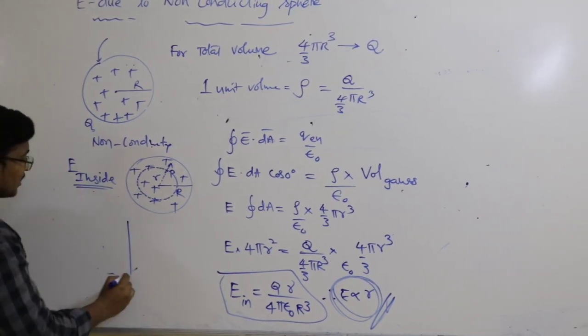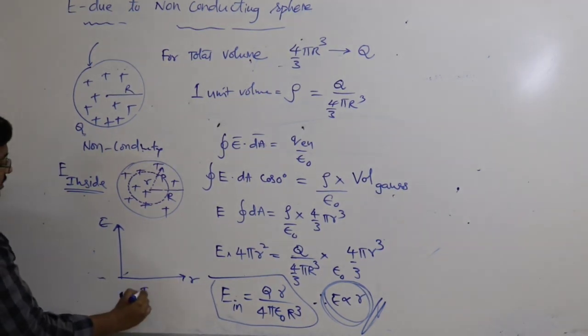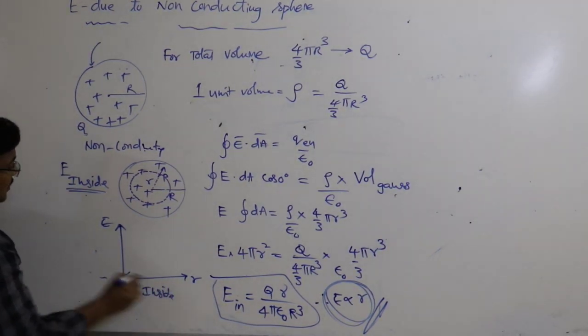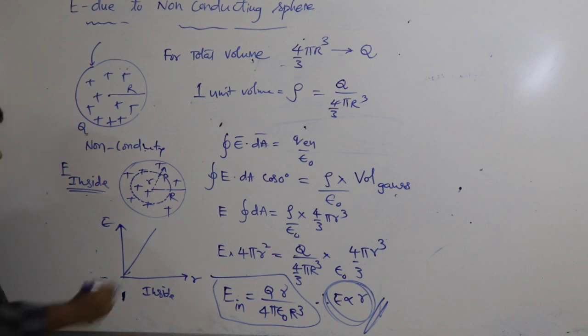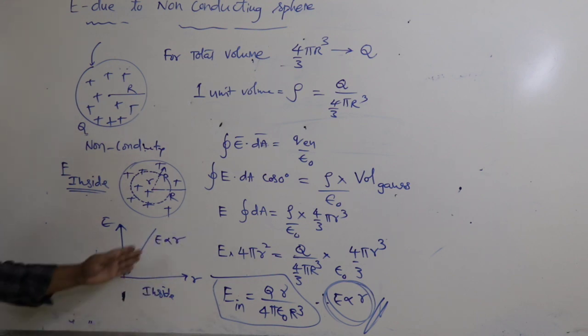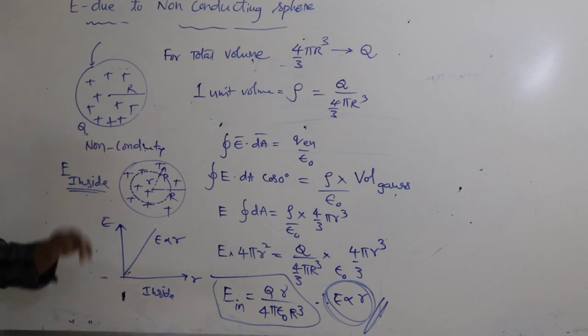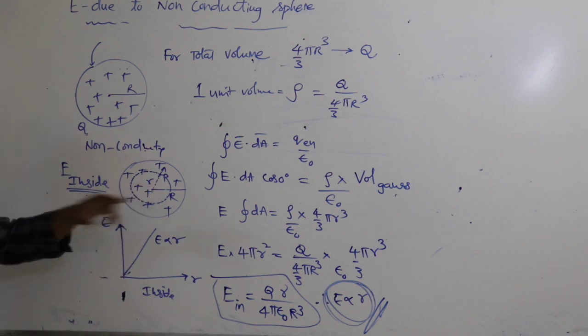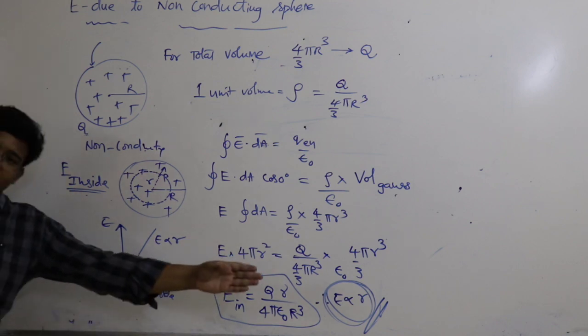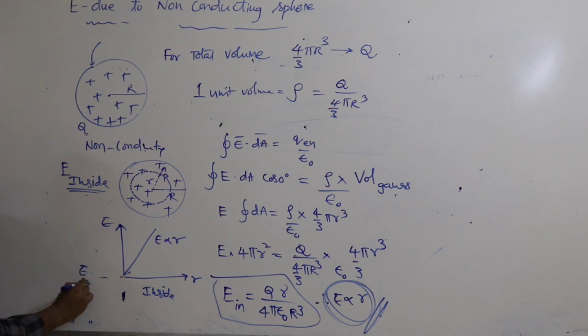That is why the graph of electric field versus distance for inside points is a straight line. Why? Because E is directly proportional to r, like y directly proportional to x, y = mx, a graph passing through the origin. So what is the electric field at the center? 0, because as r goes to 0, at the center the electric field is 0.